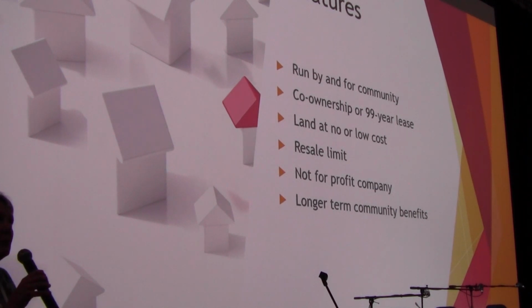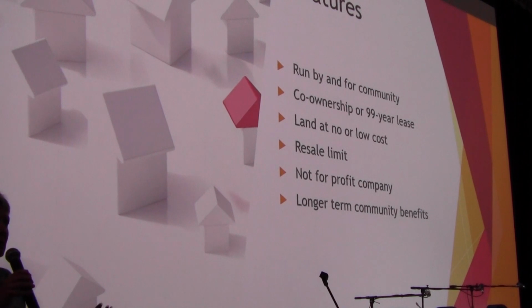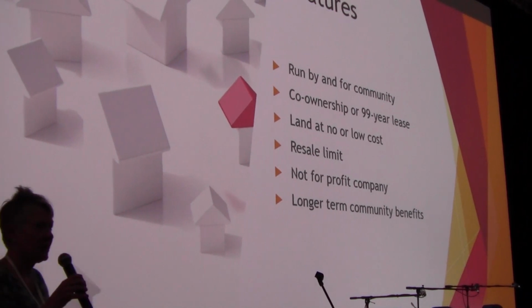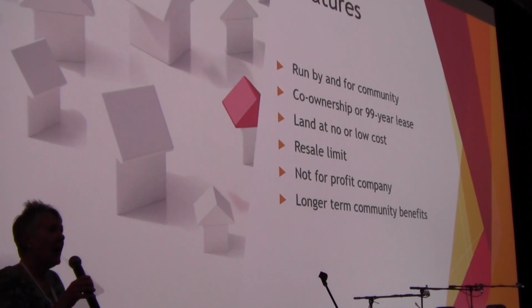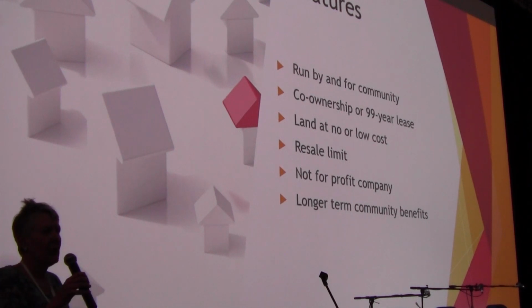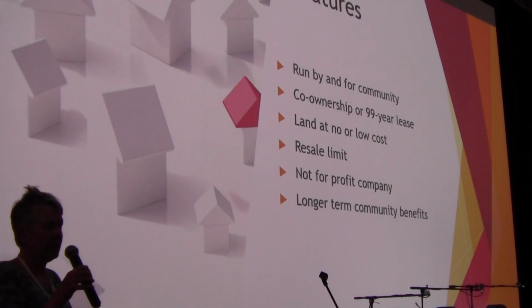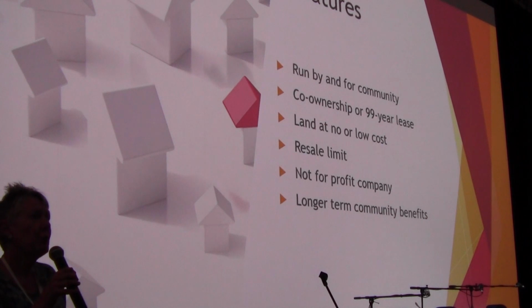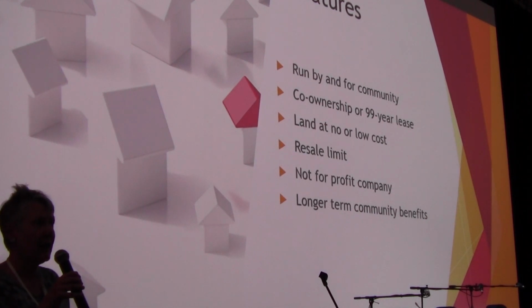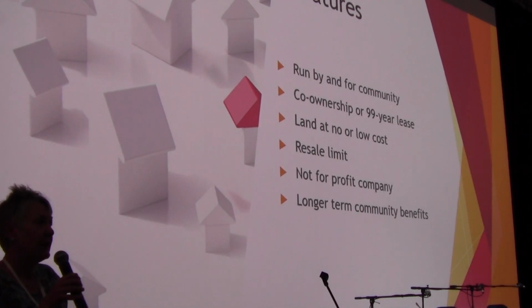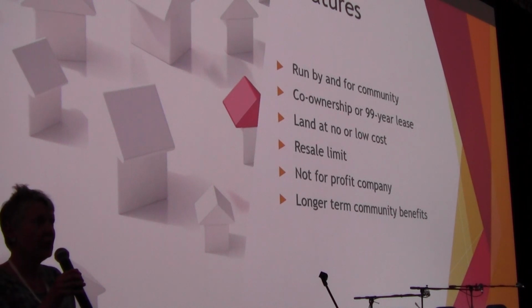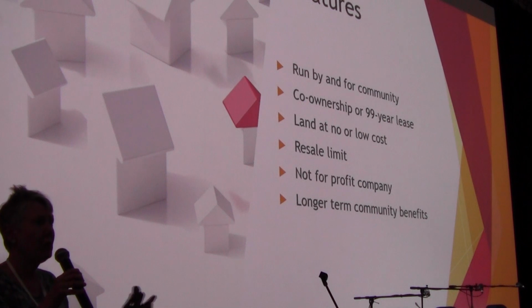There are ways of doing that based on the market, and there are ways of doing that based on indexes. And we ended up settling on an indexed resale formula, so that if you bought in for the value of the dwelling and you then needed to change your circumstances and sell, the CLT would have first option to buy, or would then, if that wasn't possible, find an accredited buyer.